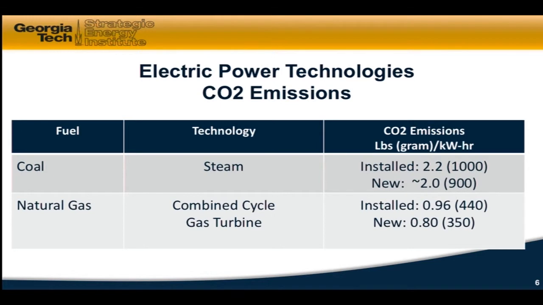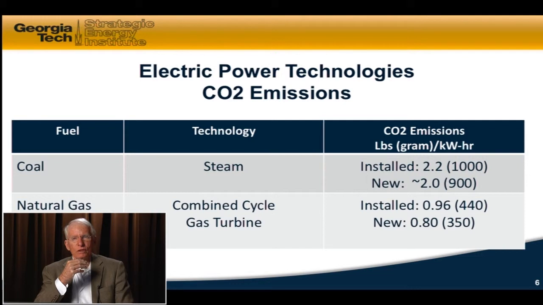So in the coal steam cycle, burning coal, you produce about 2.2 pounds of CO2 per kilowatt hour that's produced. That's in the field operation. Again, it comes from Energy Information Agency data right off their website. That's about 1,000 grams per kilowatt hour of carbon emissions in the metric system.